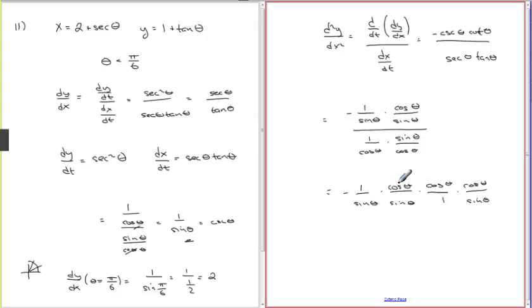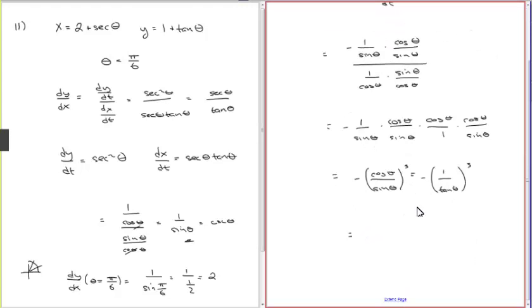And is that all right? Yes, okay. So we get negative the cosine of theta over the sine of theta, and the whole thing is cubed. And so that's negative 1 over the tangent of theta cubed.